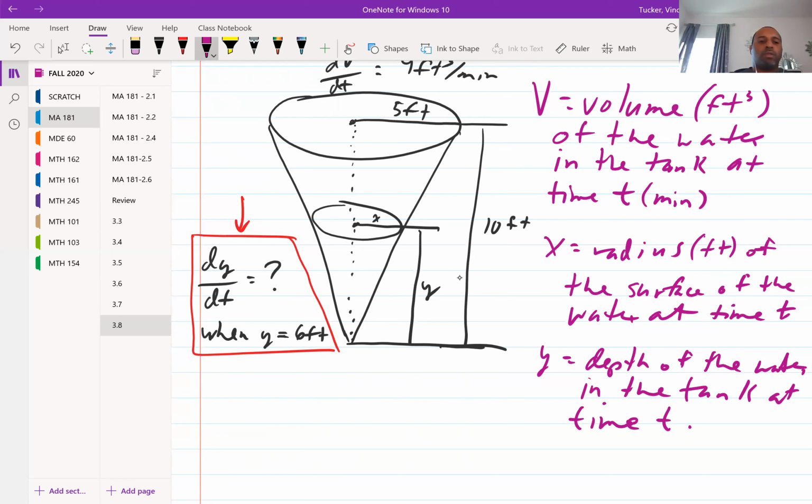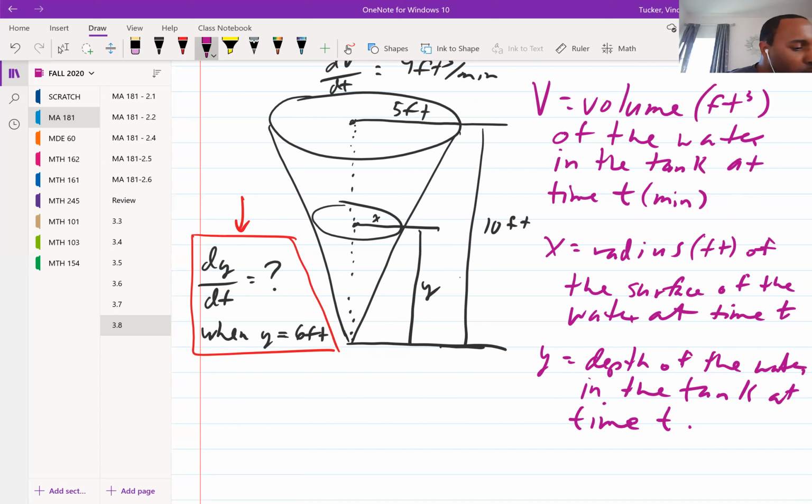All right, so these are three variables: V is the volume, in cubic feet, of the water in the tank at time t. X is going to be the radius, in feet, of the surface of the water at time t. And y will be the depth of the water in the tank at time t.